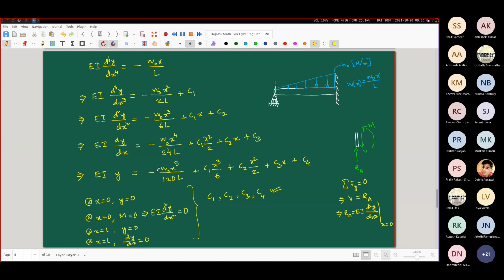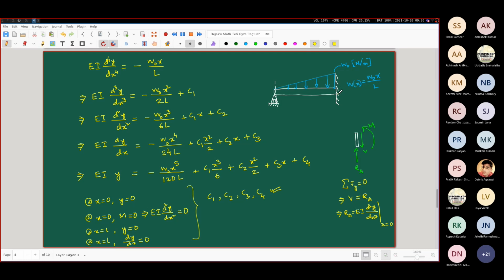Yes, but just be a little bit careful about the sense of the moment that you obtain from this, because this is an internal moment, and the reaction will be opposite to that.